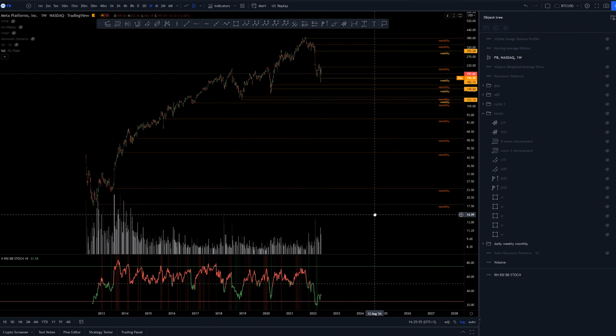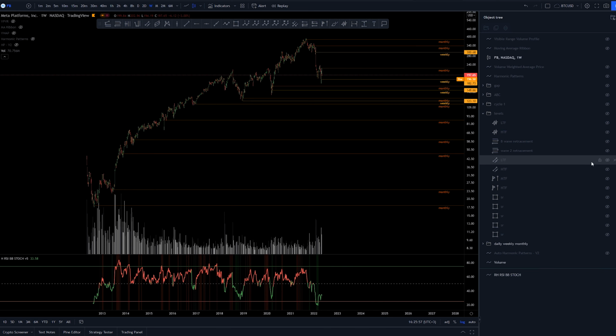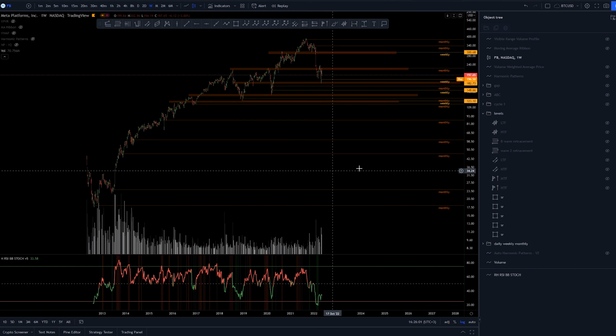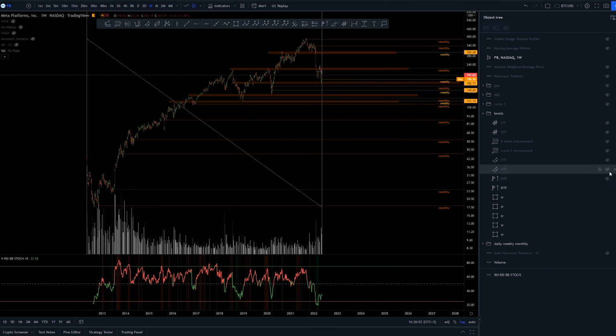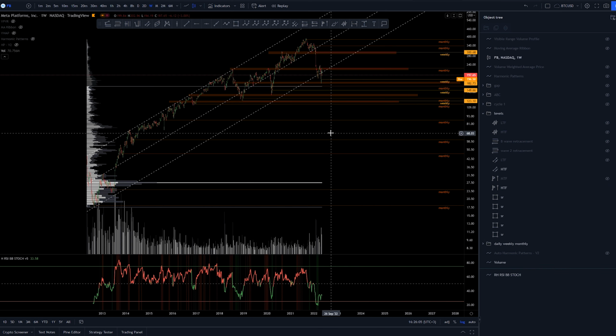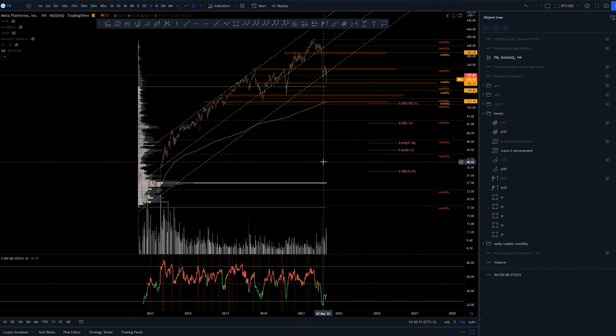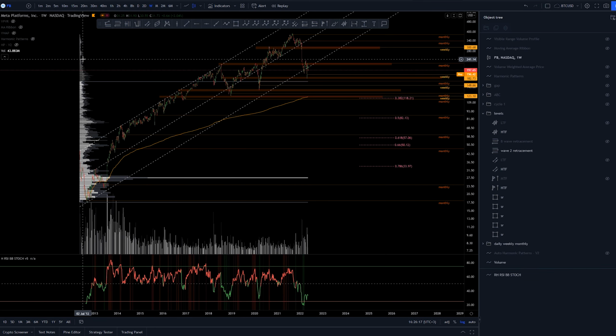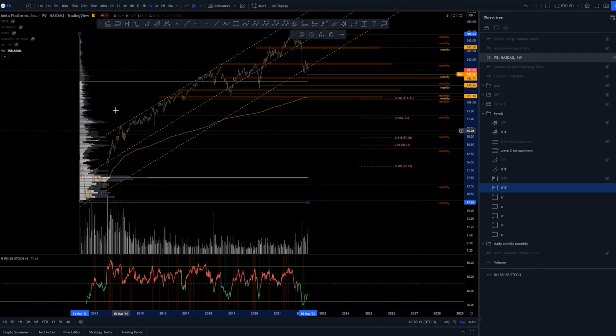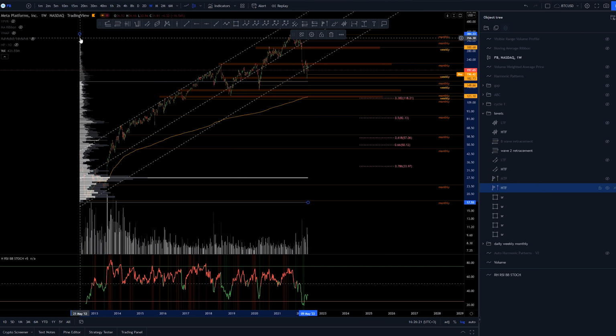I'm mostly focusing on the weekly and monthly time frame, just to see the overall structure here. Again, let's check out some monthly or high time frame stuff first. We can see these levels basically. A lot of clutter in the charts, I know, but basically what we have here is a volume profile on the left.